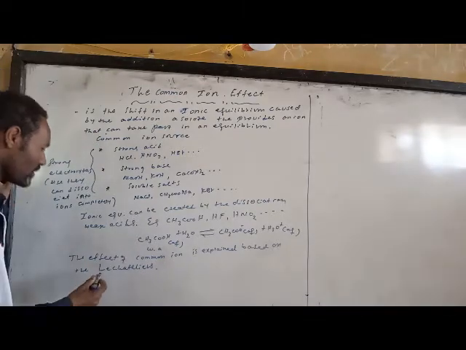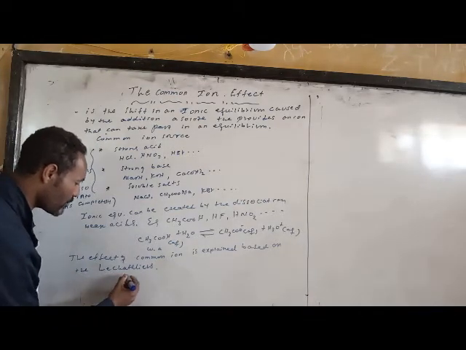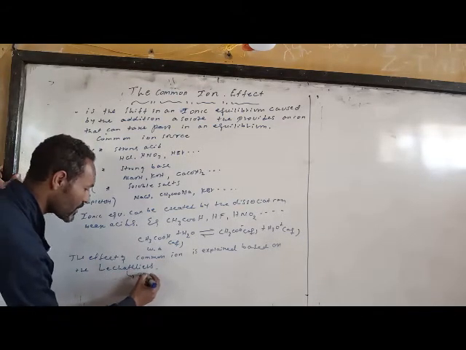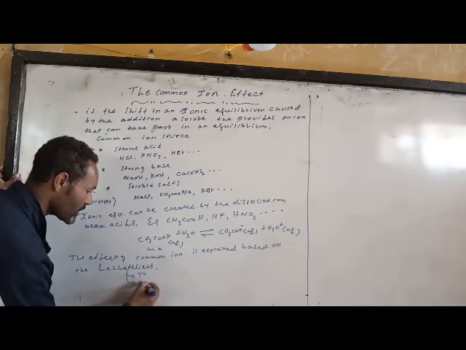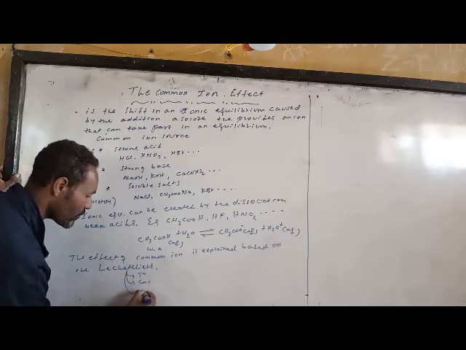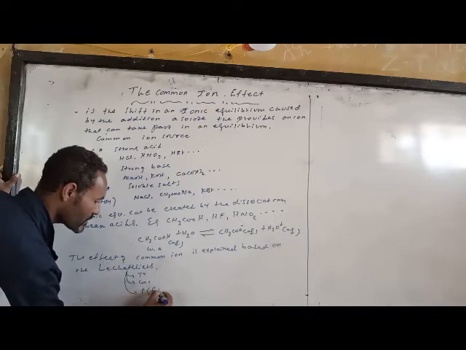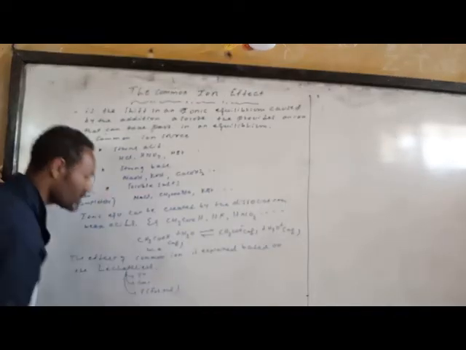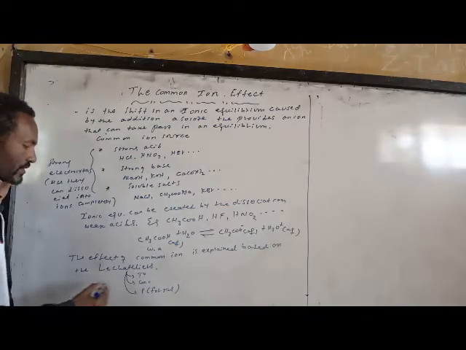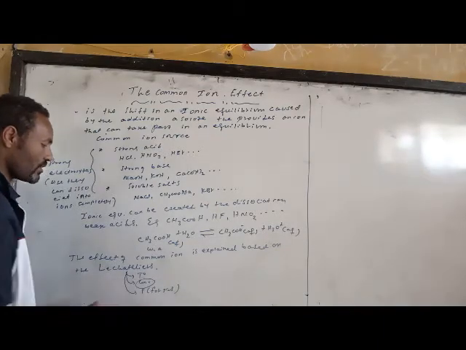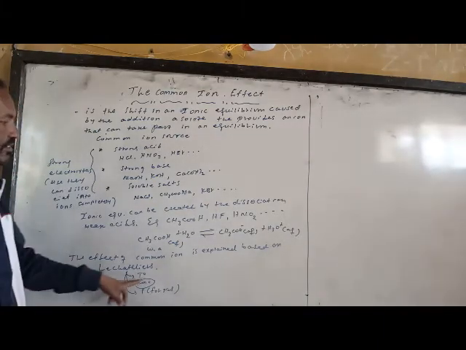For example, some of the factors can be temperature, concentration, or pressure for gases, which affect the position of chemical equilibrium. But our focus is on the effect of concentration on the chemical equilibrium.